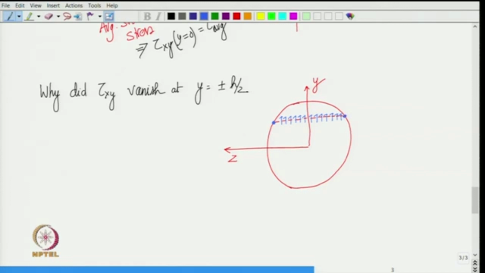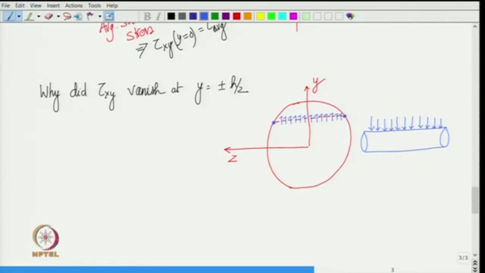See, this is your circular beam. So, think of this circular beam, and suppose we are applying distributed load on the lateral surface. Let us now think of also using the cylindrical coordinate system.